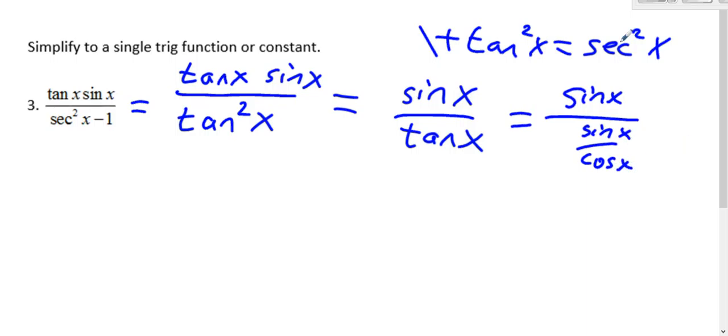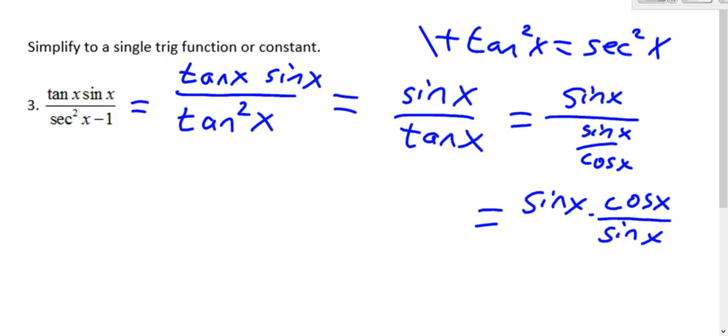So we will flip that to the reciprocal. Multiply by cosine x over sine x. So the sines cancel, and we're left with cosine x.